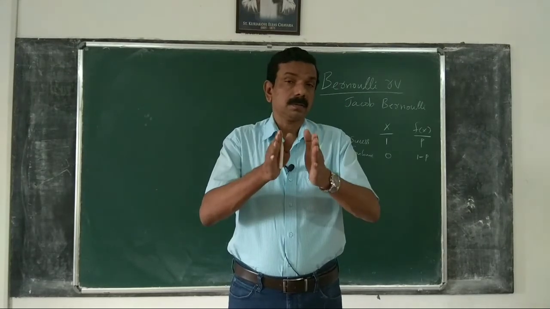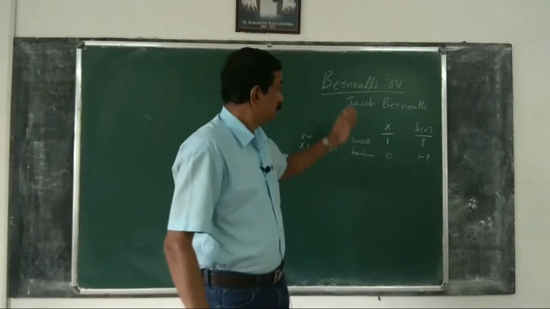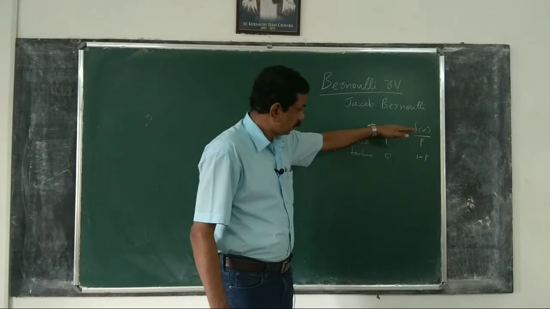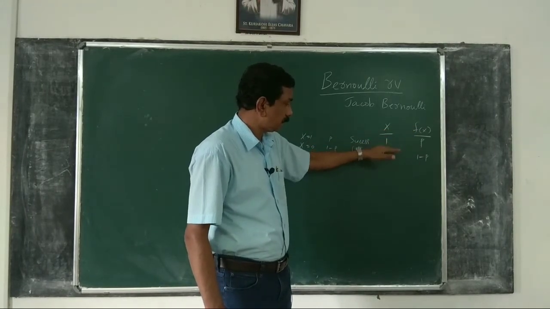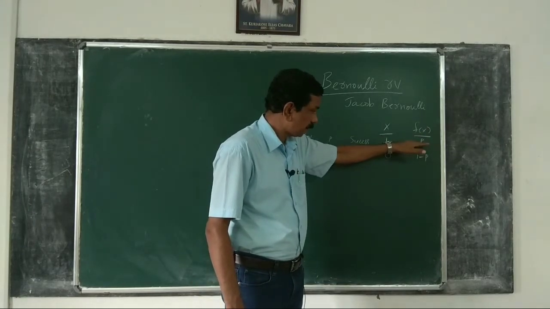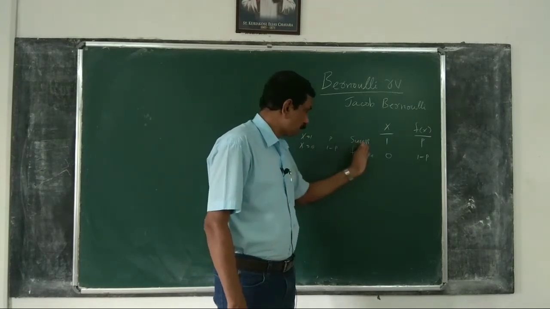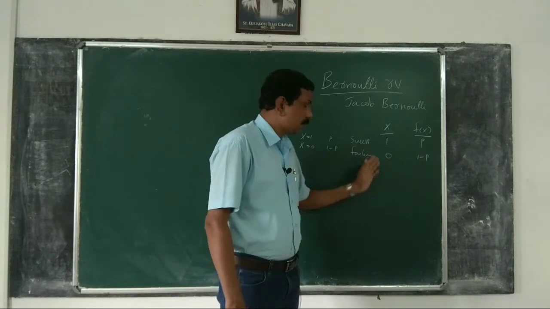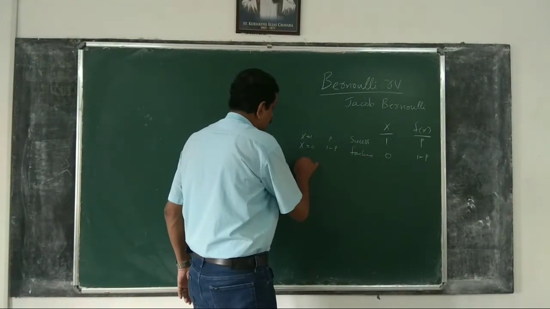So x is said to be a Bernoulli random variable if its PDF is given like this: x takes the values 1 and 0 with f of x being p and 1 minus p. X is equal to 1 is known as success, 0 is failure.